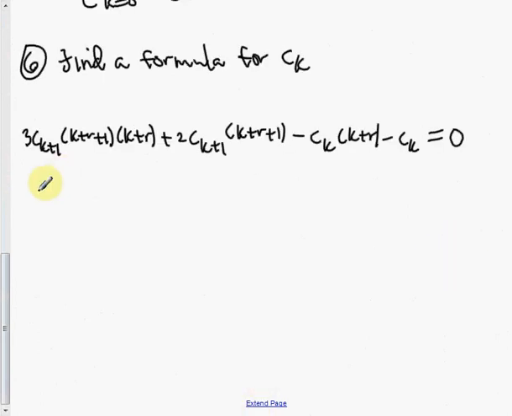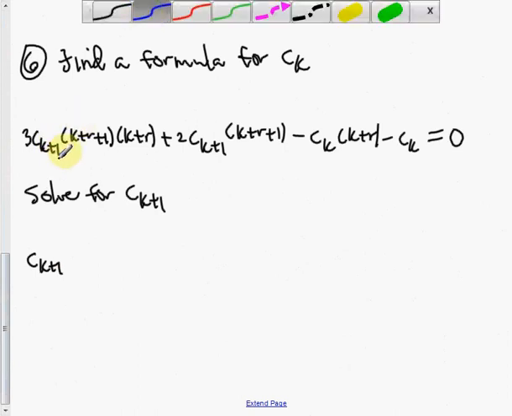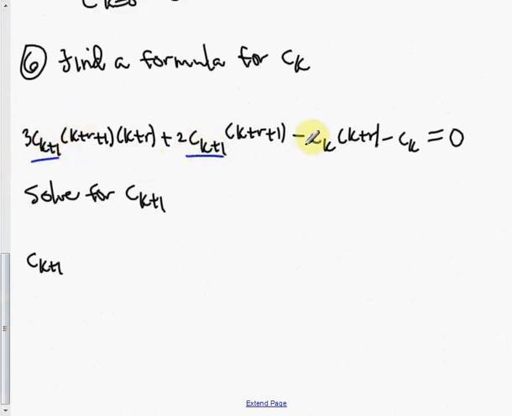So here we're going to solve for c sub k plus 1. What I have there is this c sub k plus 1. If I factor that out from here and there, I'm going to add c sub k times k plus r to both sides.